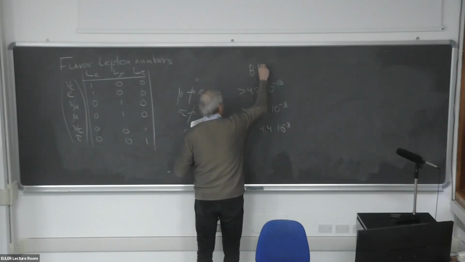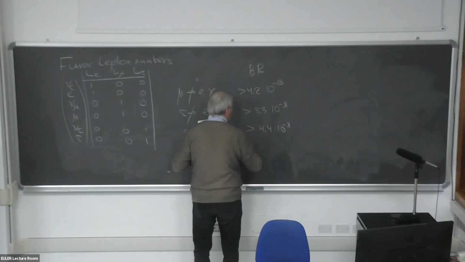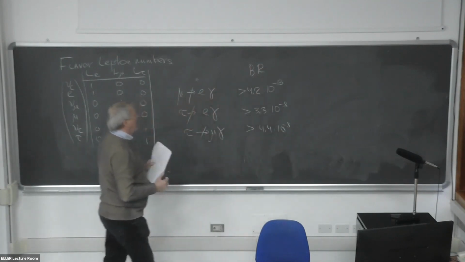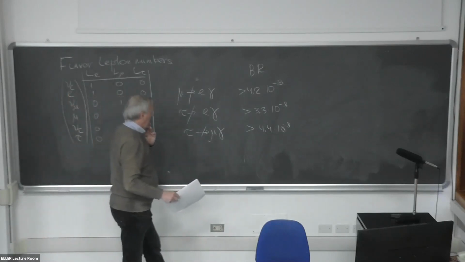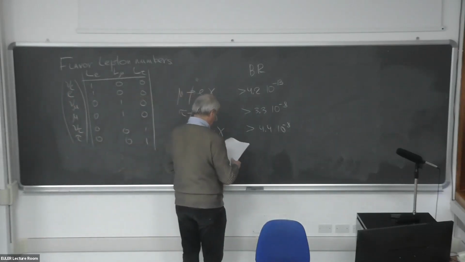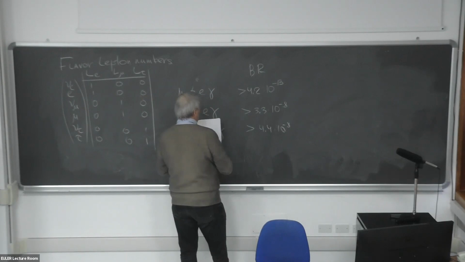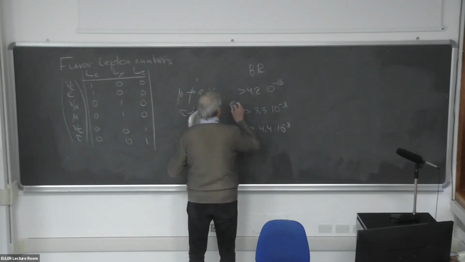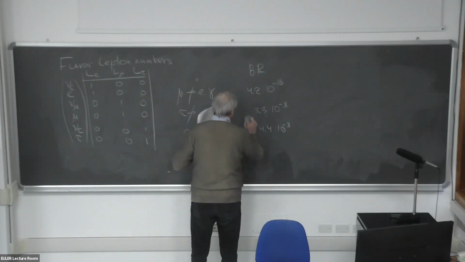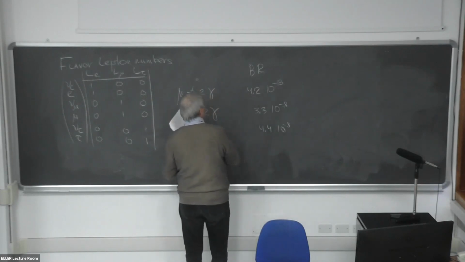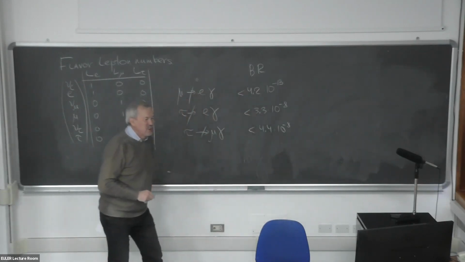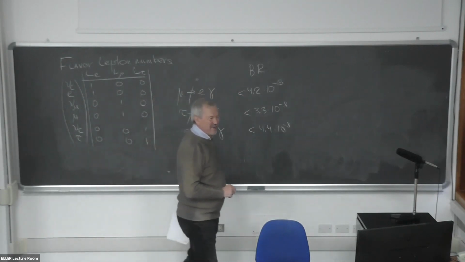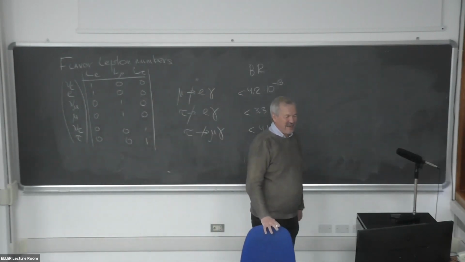So these are bounds on branching ratios. So I think once it's a branching ratio, it should be like this, right? So the branching ratio should be smaller than these numbers. Okay?